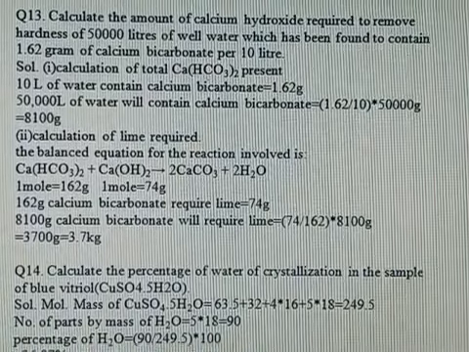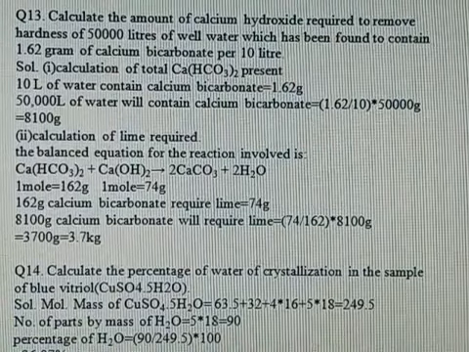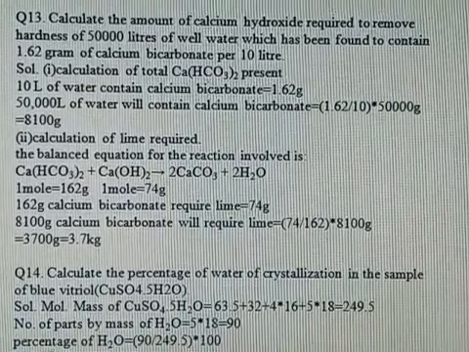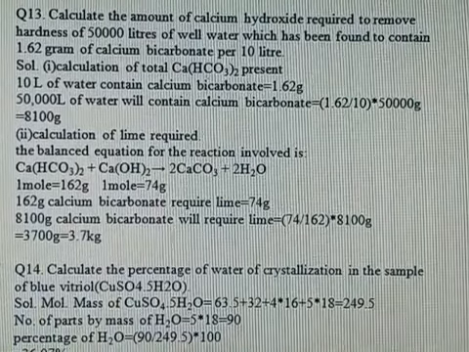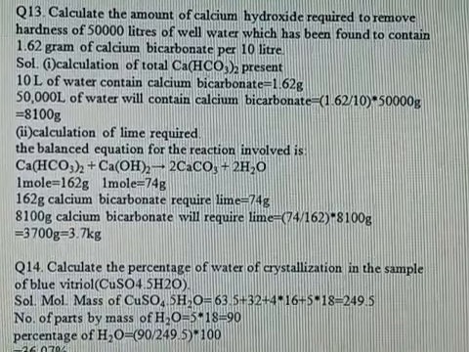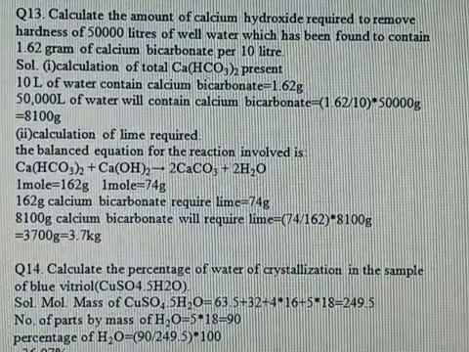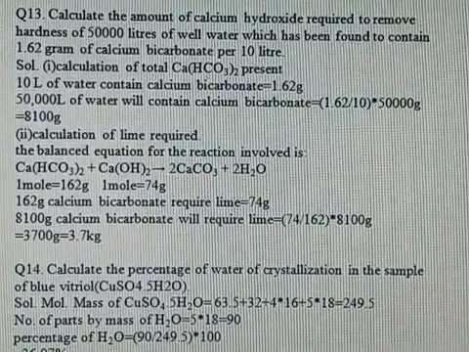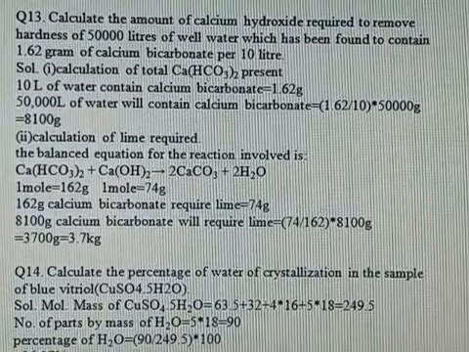Now we will compare these amounts. 162 gram of calcium bicarbonate requires lime, that is calcium hydroxide, equal to 74 gram. So 1 gram of calcium bicarbonate requires calcium hydroxide equal to 74 divided by 162 gram.